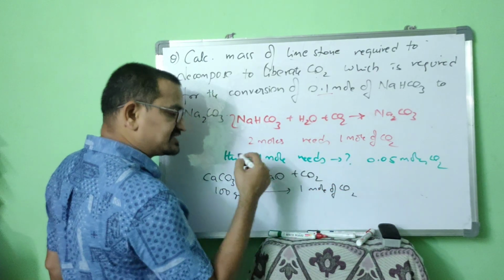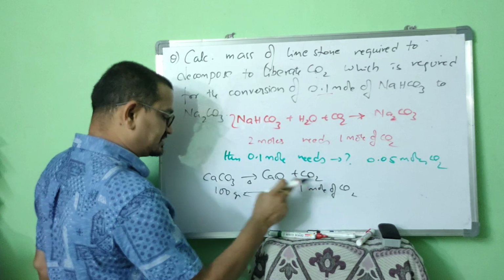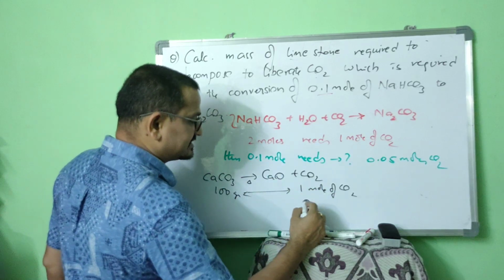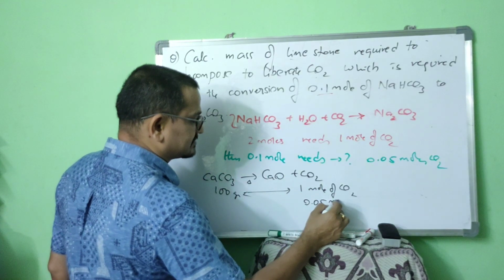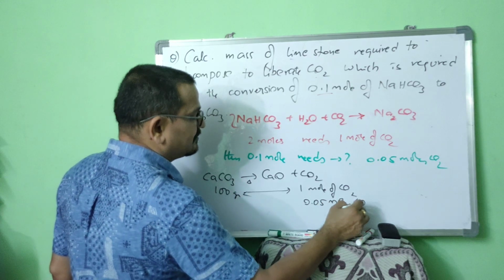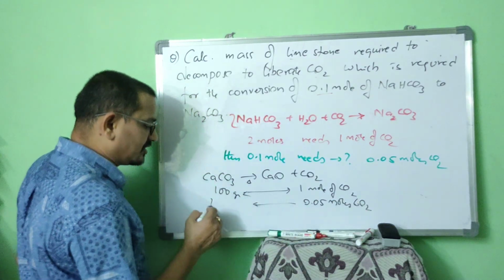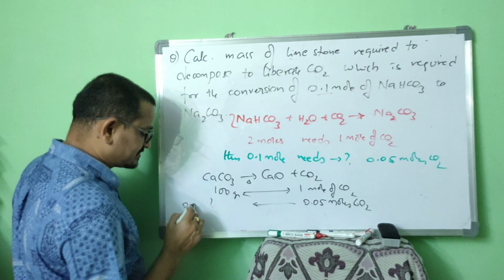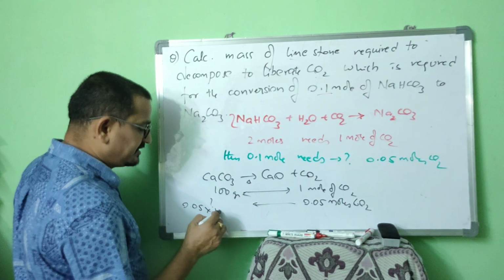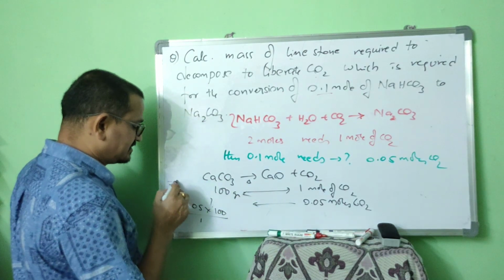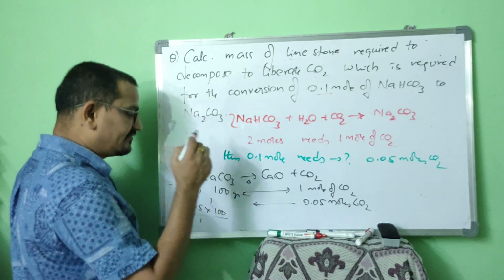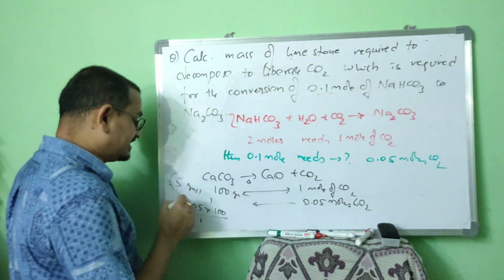Or in a reverse way, 1 mole of CO2 is obtained from 100 grams, then 0.05 moles CO2 can be obtained from how many grams? So crisscross method, 0.05 into 100 by 1, that is 5 grams of CaCO3. Answer is 5 grams.